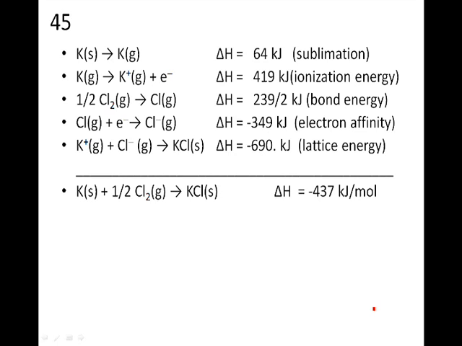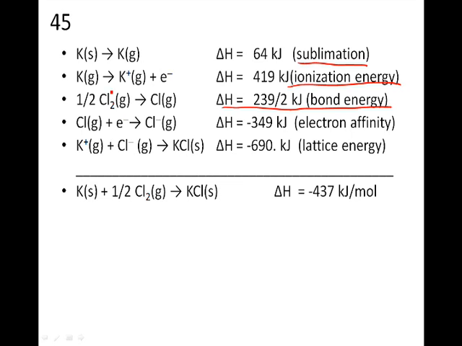So in problem number 45, that's what they're looking at here, is the energy of sublimation was given to you. That's where we're changing potassium from a solid to a gas. Here we're ionizing the potassium, putting in energy to strip off that electron. Here we're breaking the chlorine bond apart.